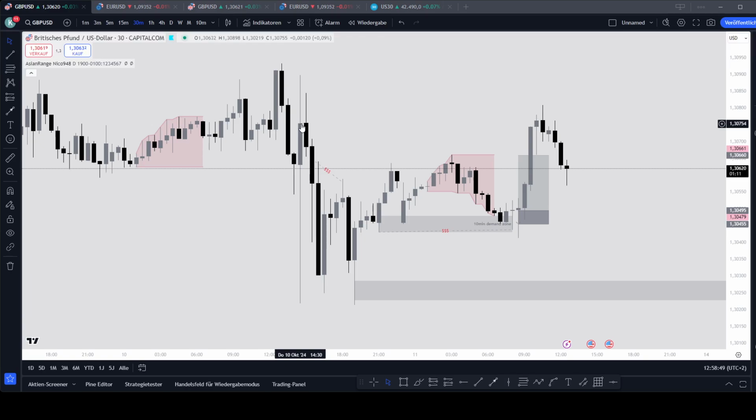Therefore, there's a probability that in the future, price might do its best to come and fill out this wick, to do a price action correction to correct this inefficient price action which it has played here.